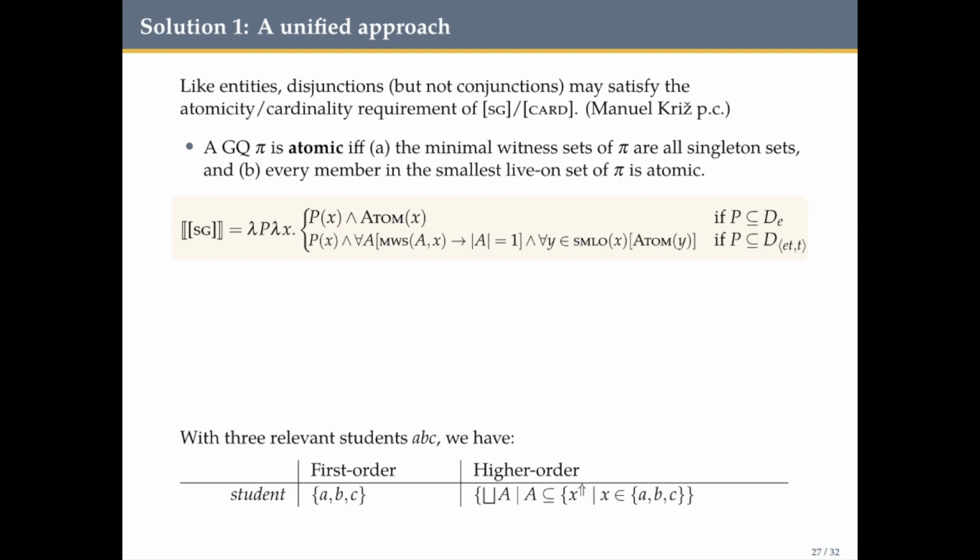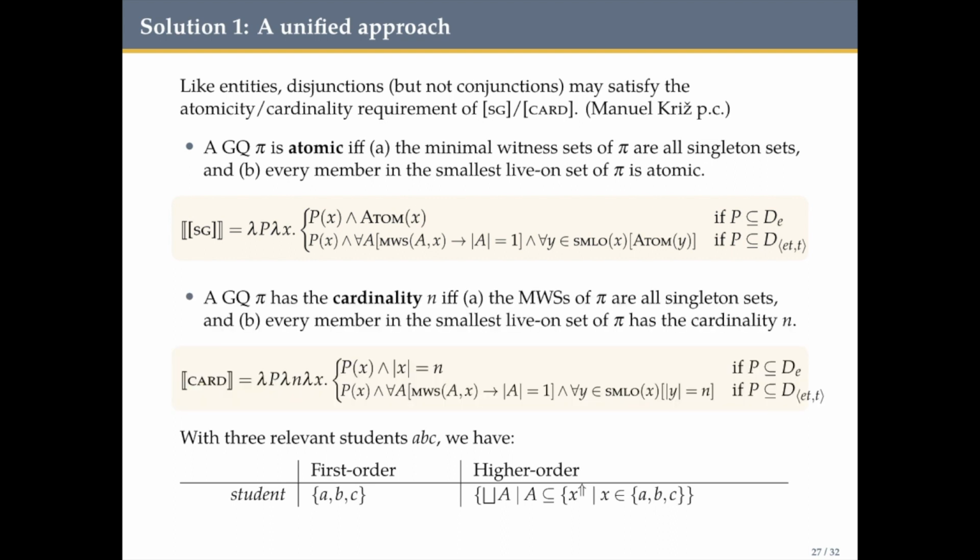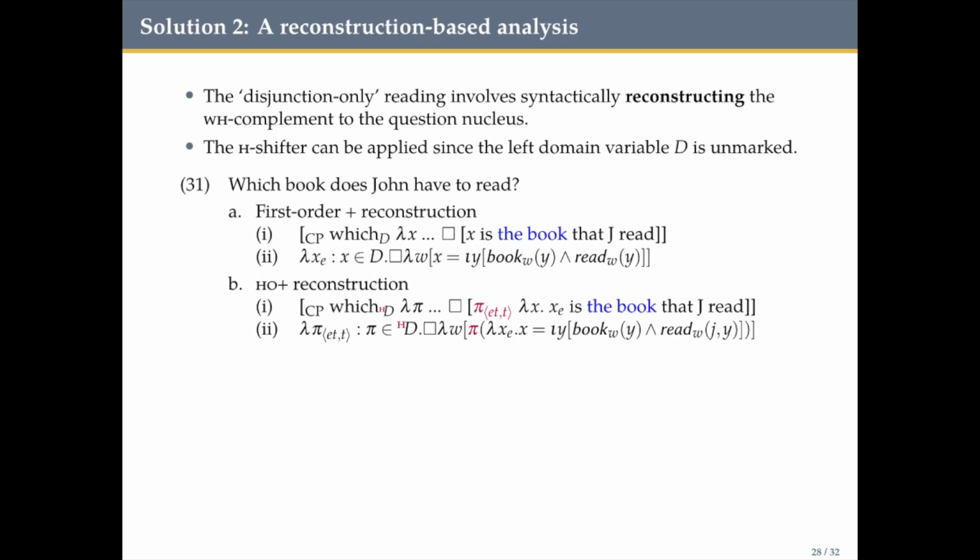By this definition, for example, if we have three relevant students A, B, C, then for the singular noun student, the first-order reading is going to be the set of the three atomic elements A, B, C, and the higher-order reading will be the set of Boolean disjunctions of the corresponding multi-member individuals. Furthermore, saying a generalized quantifier pi has the cardinality n can be defined analogously. So in this approach, the derivation assumed for the conjunction-like reading also extends to the disjunction-only reading.